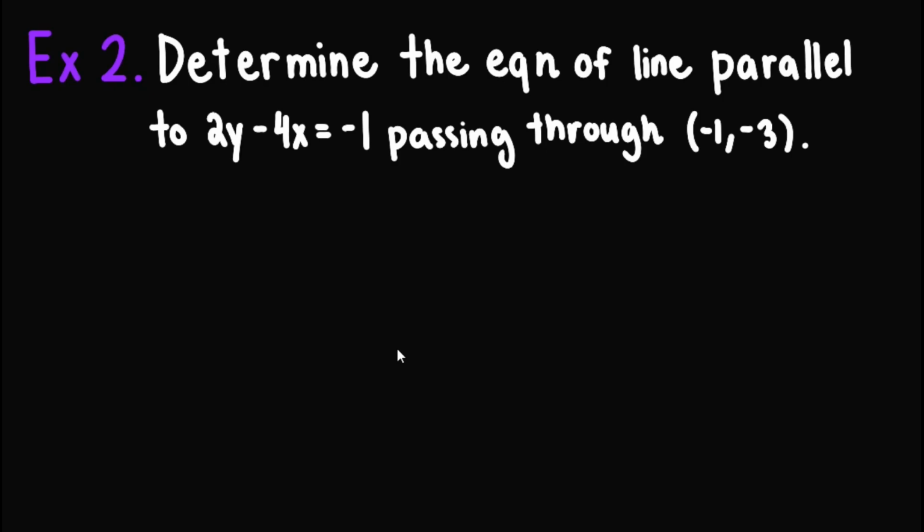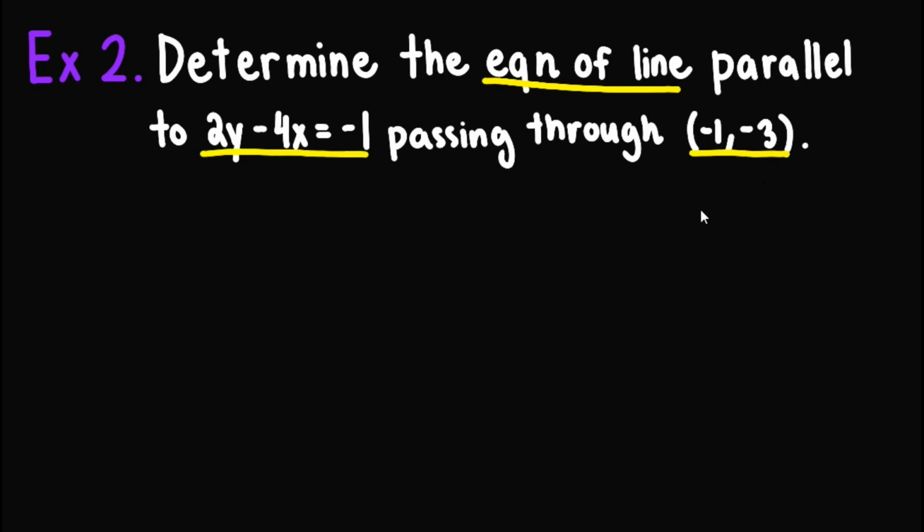So feel free to pause the video if you have an idea on how to try this. Good, let's start. So in here, our goal is to find an equation of a line such that this line is parallel to this and it passes through this point.